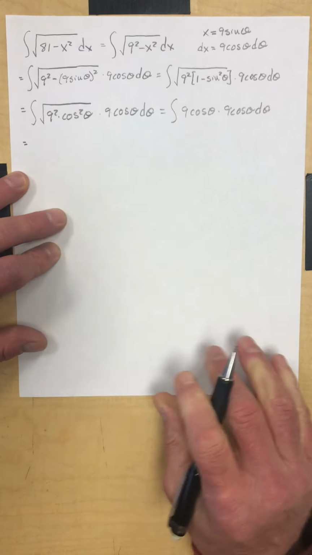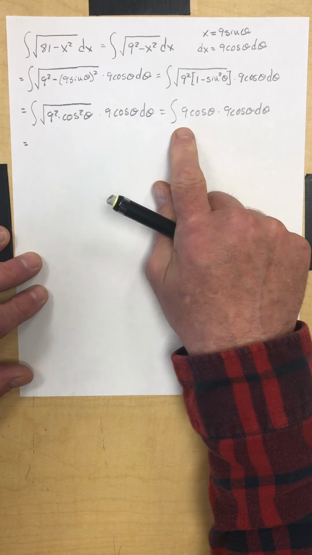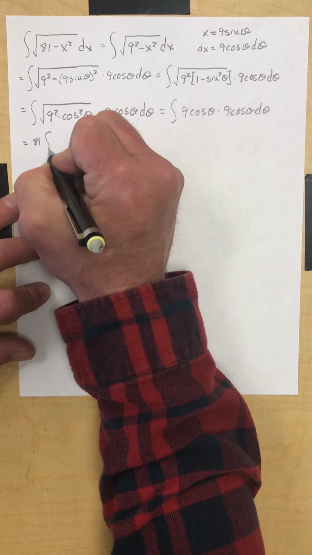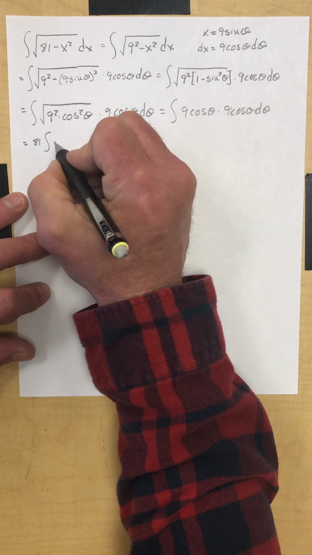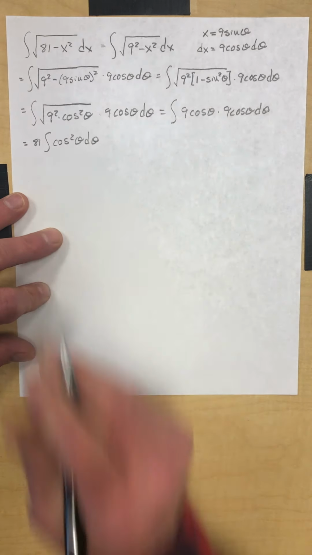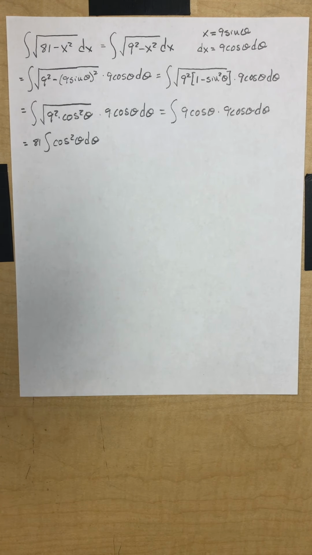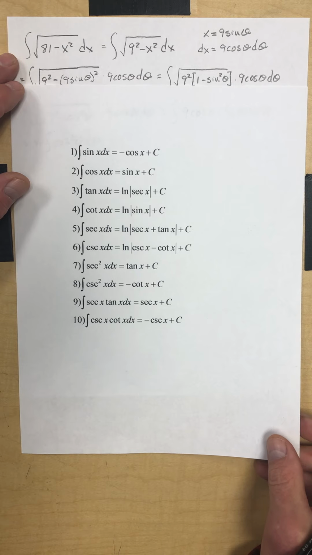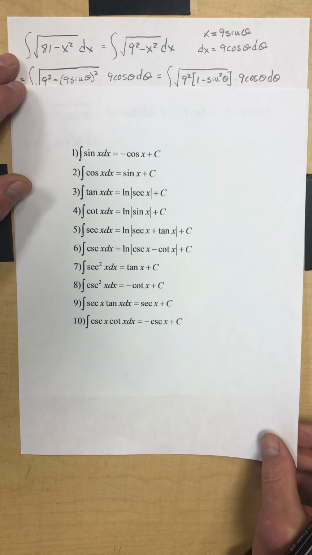It looks like I have a common multiplier of 81 from the 9 times 9, so I'll put that out front. And then cosine times cosine is cosine squared of theta d theta. We go to another sheet that we have, and we don't have anything for cosine squared, so that's not going to help us out.